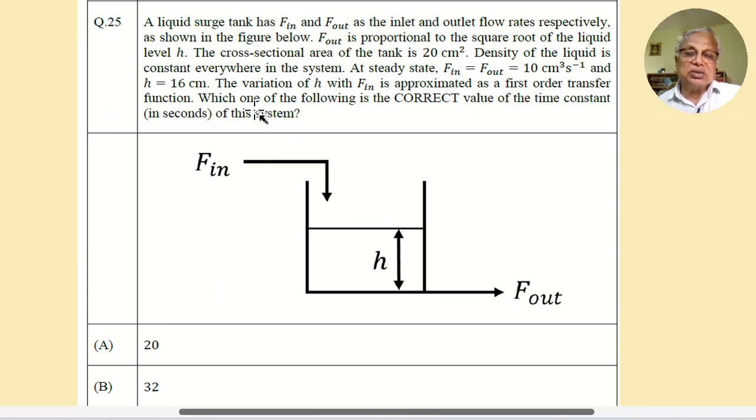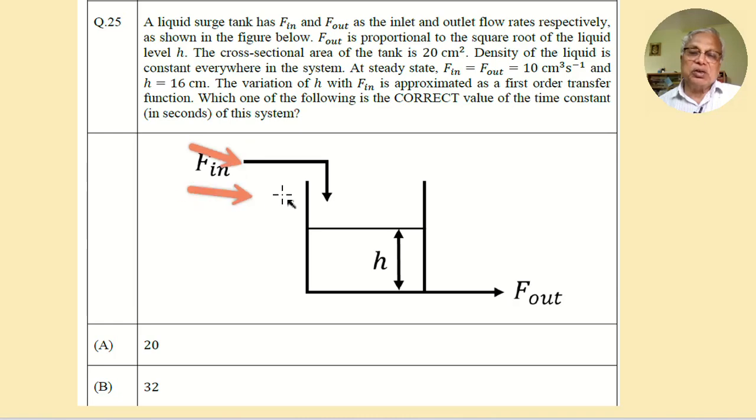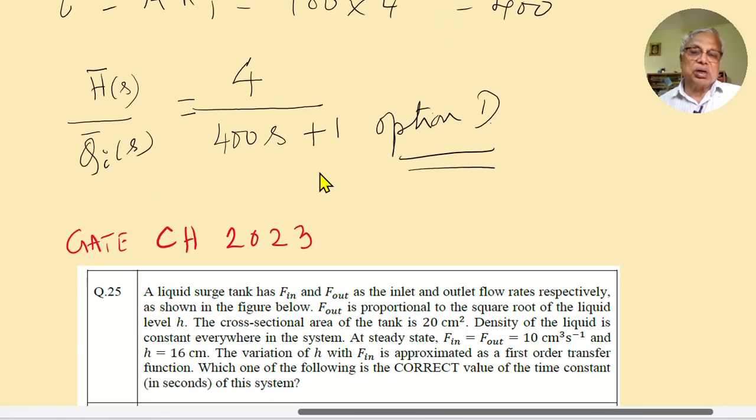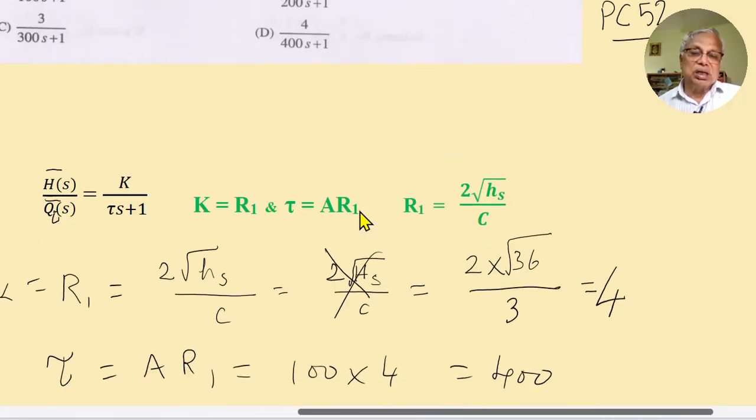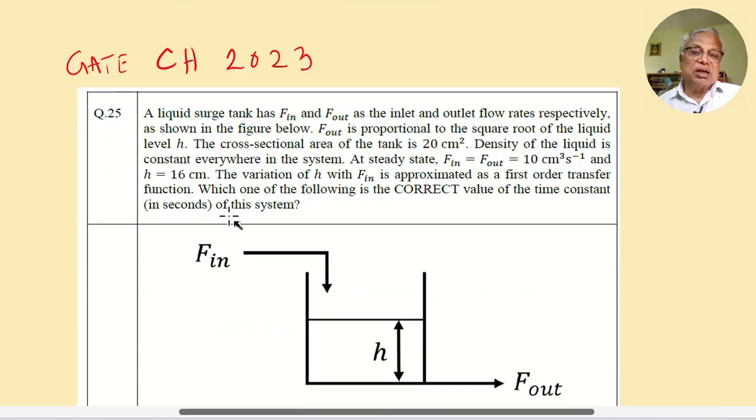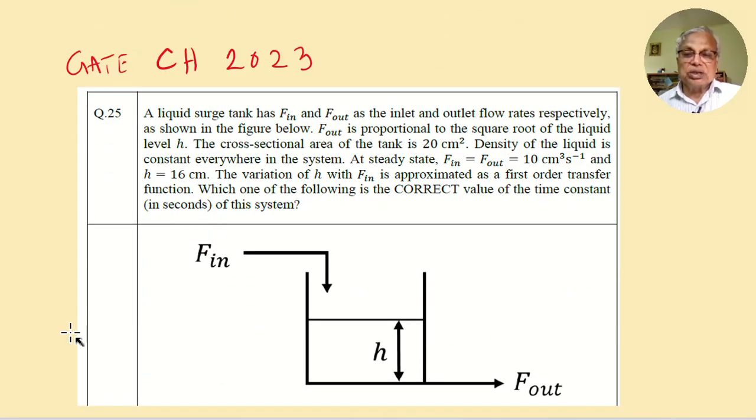Here not even the transfer function, only the time constant is asked. The notations are different, and they need not use the same notation all the time. Here they are Qi and Q naught, and here F in and F out. You have to read the question fully to know the flow head relationship, whether the question is big or small.